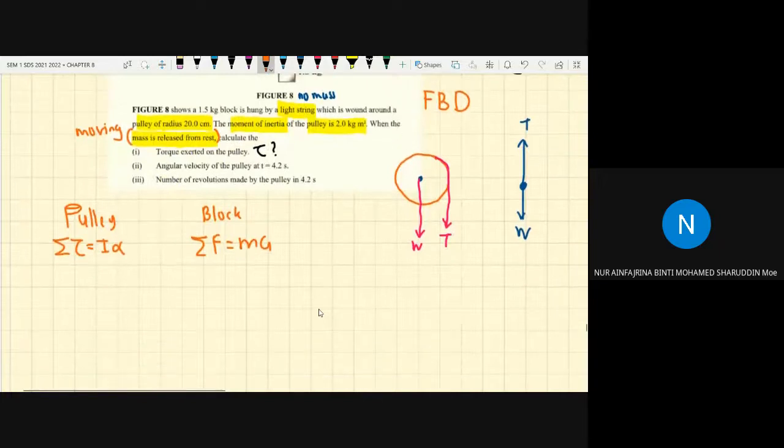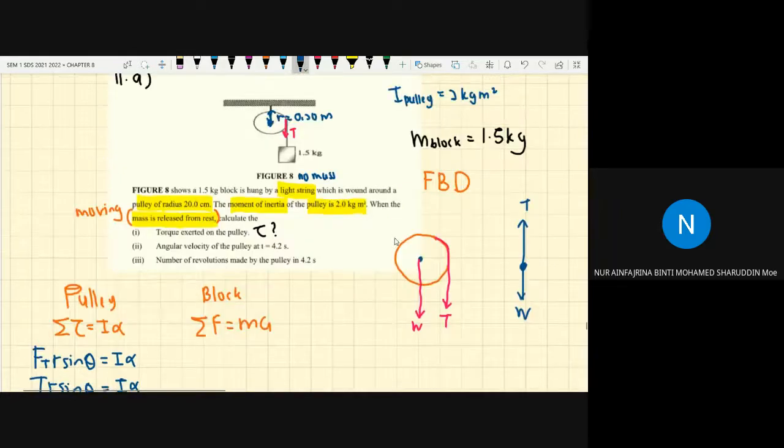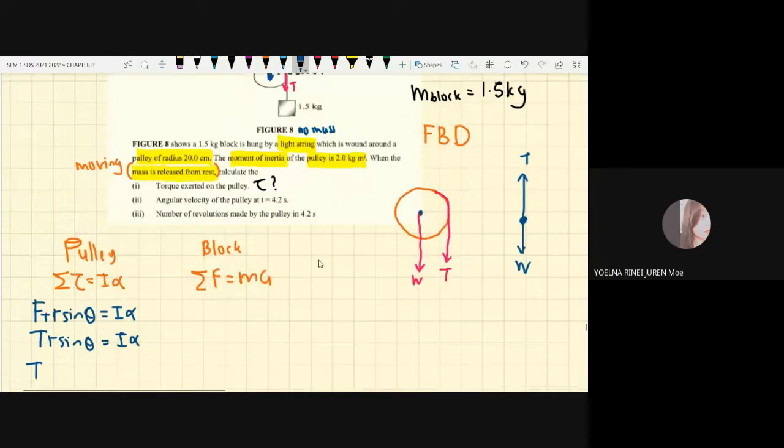Now, like I told you, we don't know our angular acceleration. Kita tak tahu torque kita berapa. Jadi nak tak nak kita kena buat simultaneous equation. We know formula untuk torque adalah force, now tension lah kan, R sin theta equals to I alpha. Now, just insert all the information you know. What about the radius? Radius kita tahu tak berapa? 0.2.